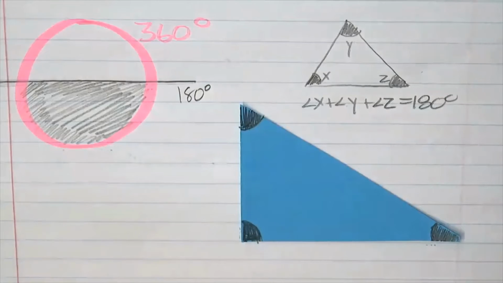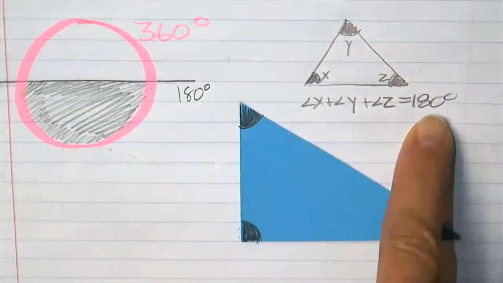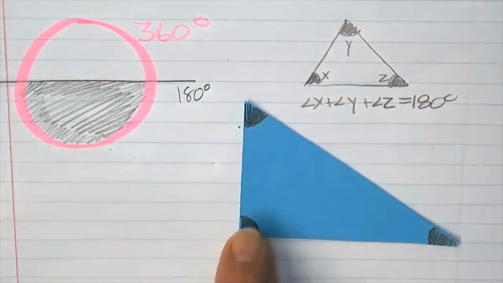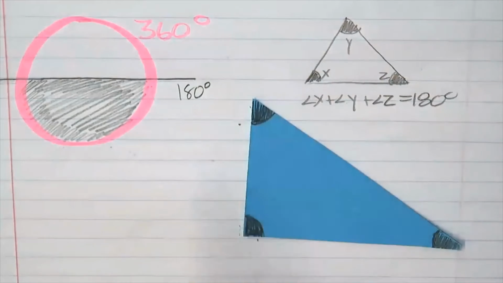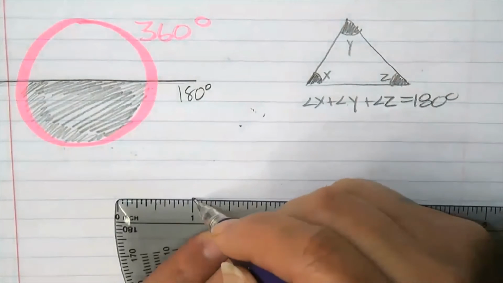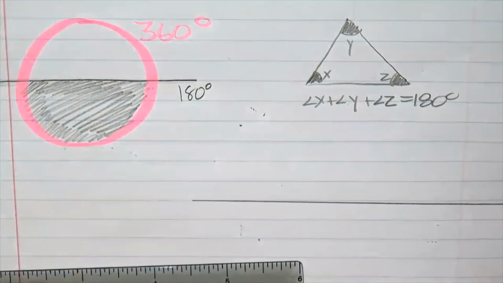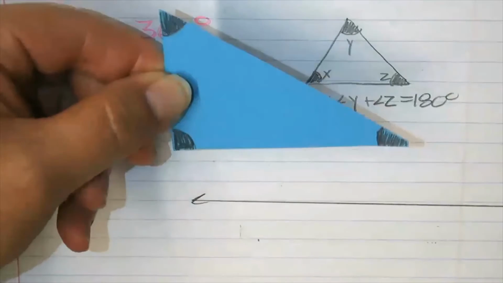Okay, we said the sum of the interior angles is 180 degrees. We've marked our interior angles, and all three of these should be 180 degrees, which is a straight line, right? So watch what I'm going to do.